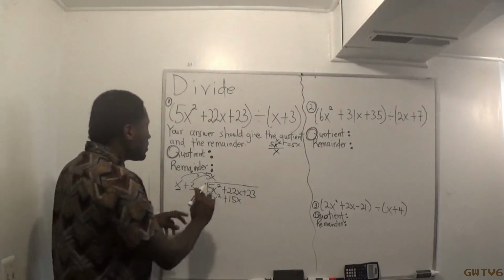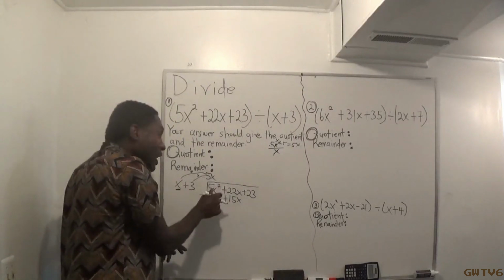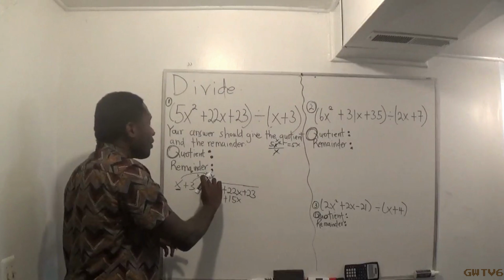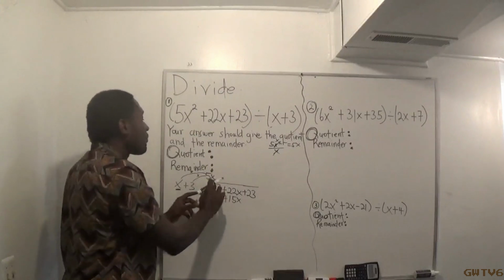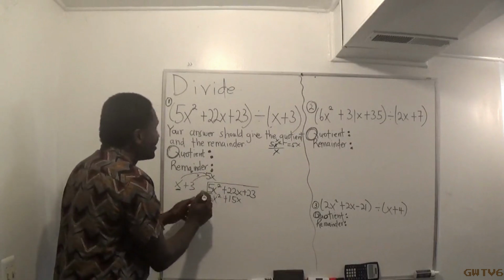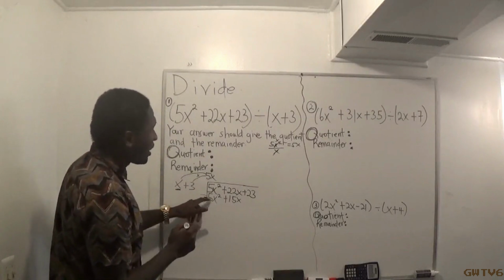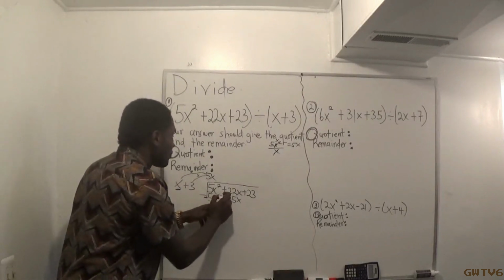And now, I always want the first one to cancel. For them to cancel, one has to be a plus and one has to be a minus. In this case, they're both plus, so I can make this a minus. But whatever I do here, I'm going to have to do the same thing for this one also.